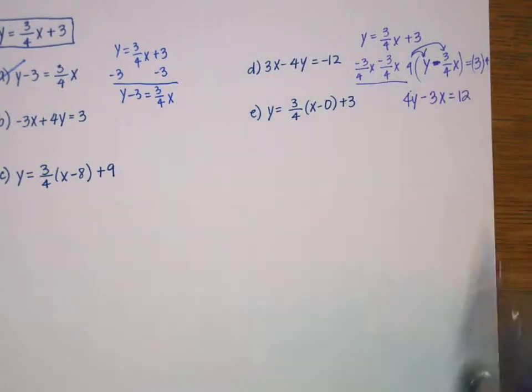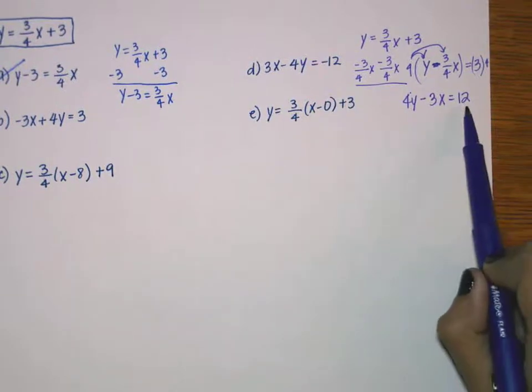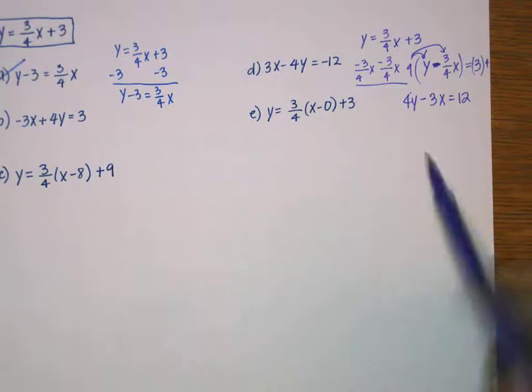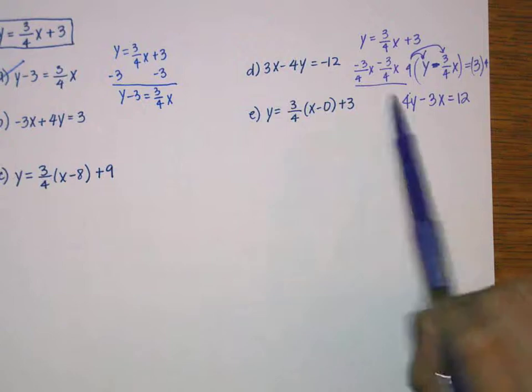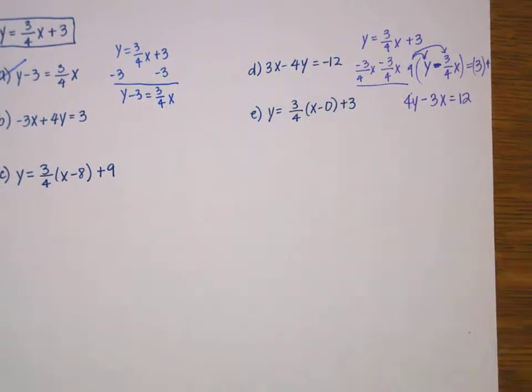Now looking at this and this, we're very close, but it's not exactly the same. So what can we do? Think about it, pause the video, try it out yourselves. Alright, hopefully you're back and you've realized that this is actually positive 12, and in this problem our answer choice leaves it as a negative 12. In our answer choice it's a positive 3x, we have a negative 3x, over here it's a negative 4y, this is a positive 4y, so what we could do is multiply or divide the entire equation by a negative 1.